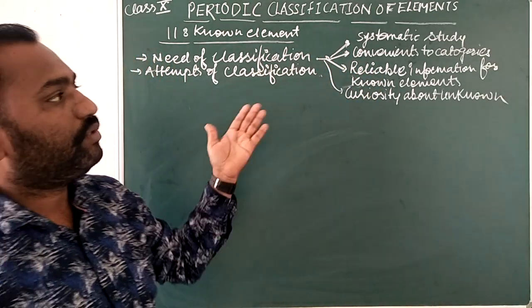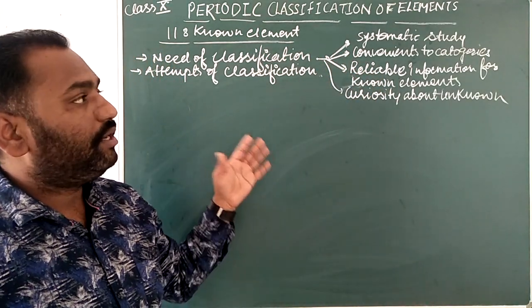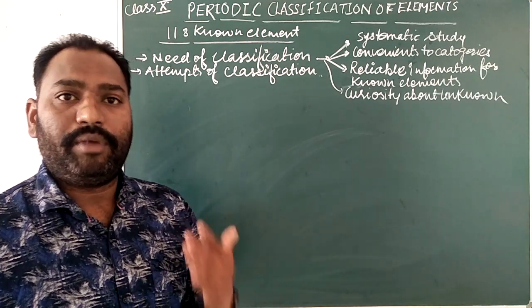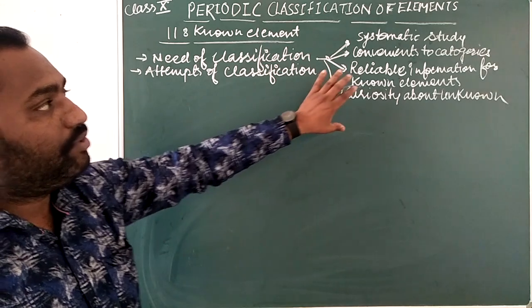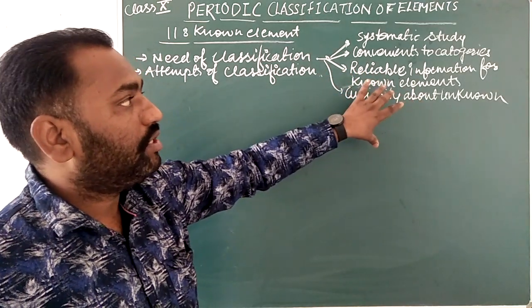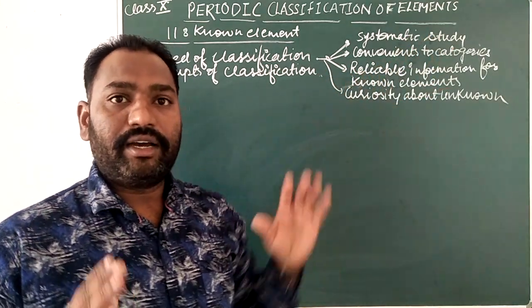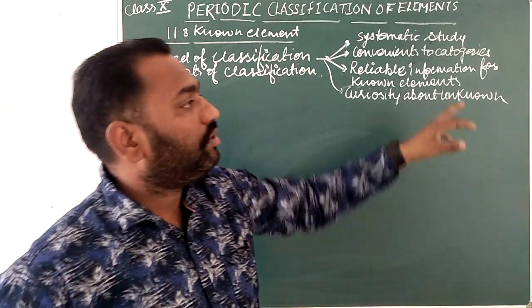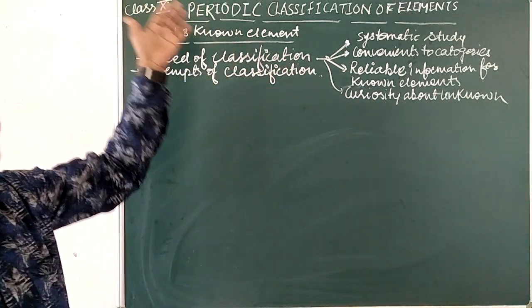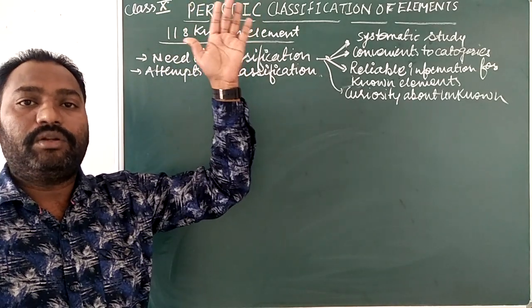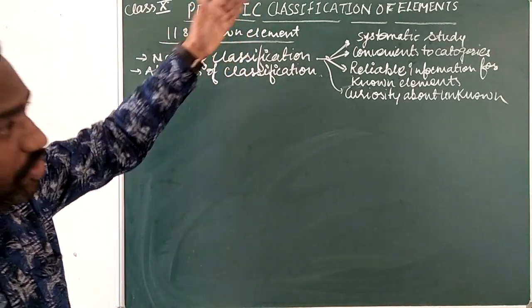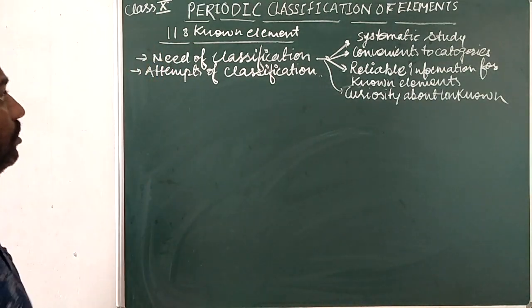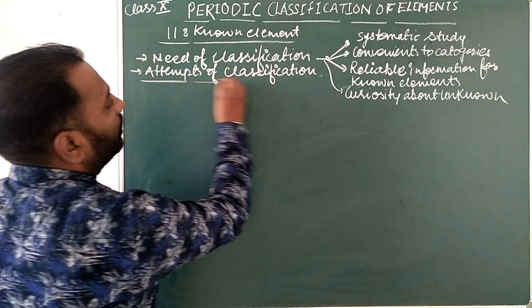Reliable information for known elements, because we categorize them on the basis of maybe atomic mass or atomic number, and we must have faith in that, because the known elements give us such information. And curiosity about unknown elements: if we have already classified some elements, there is a chance of curiosity about the unknown ones.